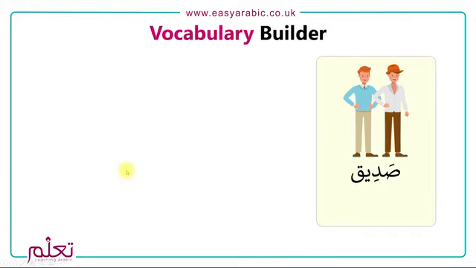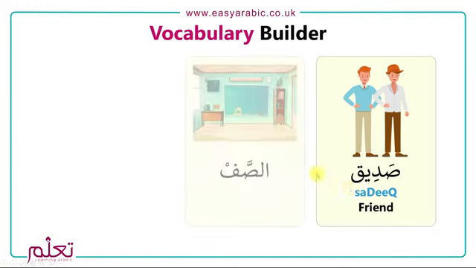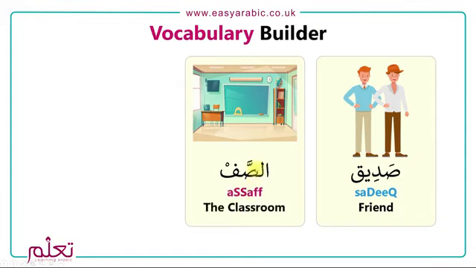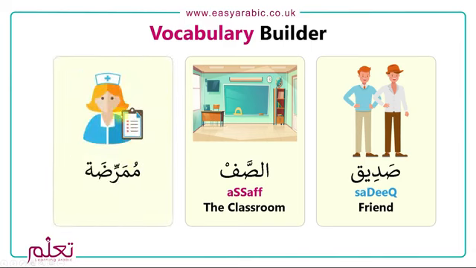Okay. Next one is a friend, which is sadiq. Then we have the classroom, which is as-saf. The important thing here is to make sure you emphasize the saad. As-saf, the classroom. Then we have the nurse, which is mumarrida.